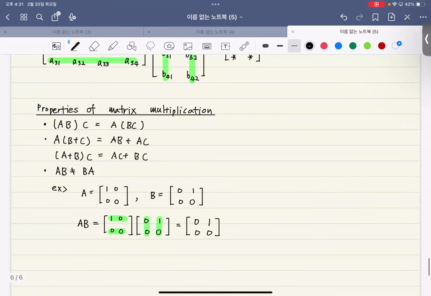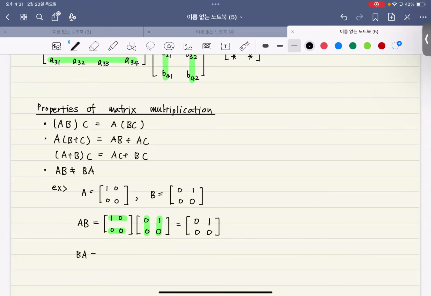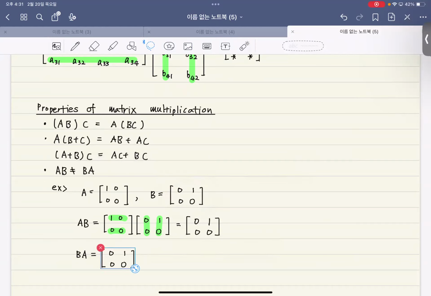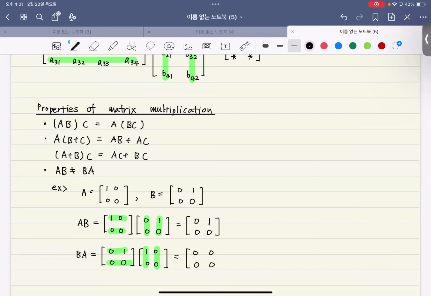And BA is [0, 0; 0, 0]. So they are not the same.